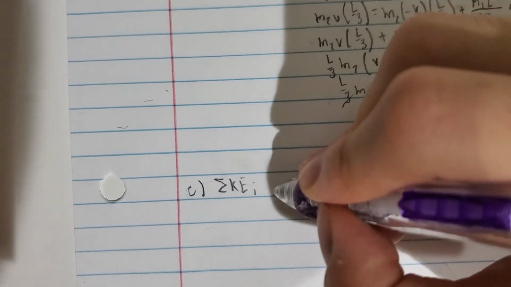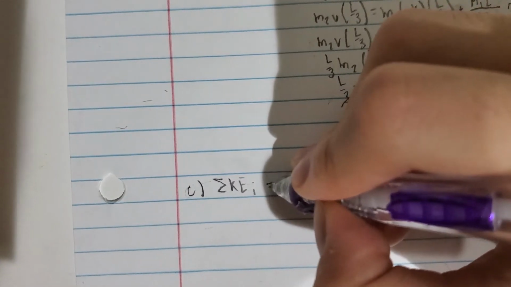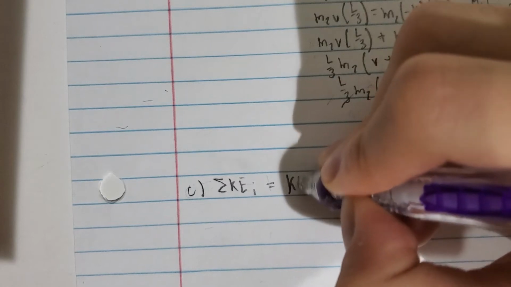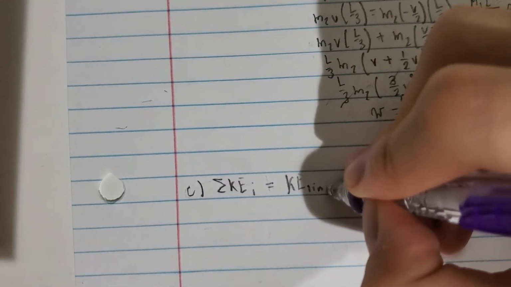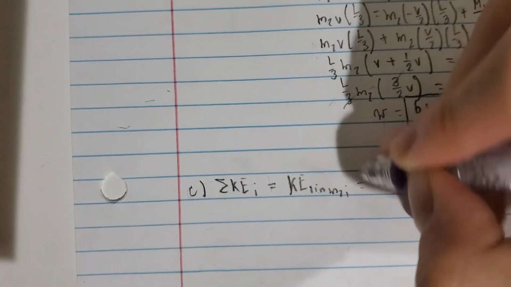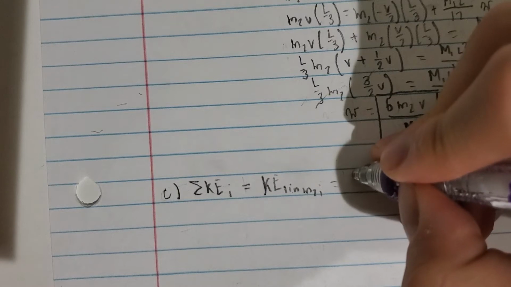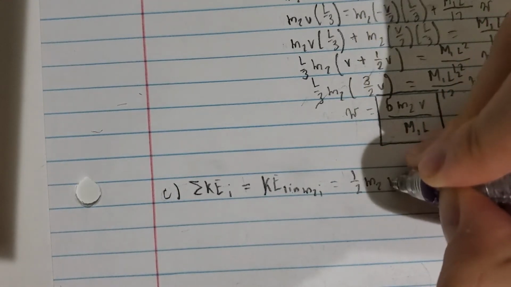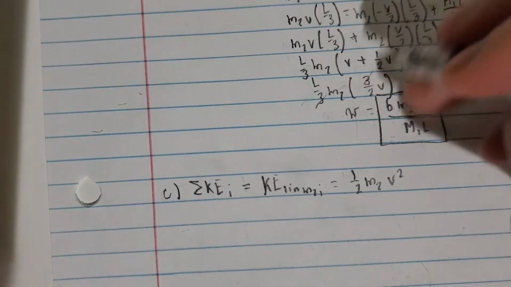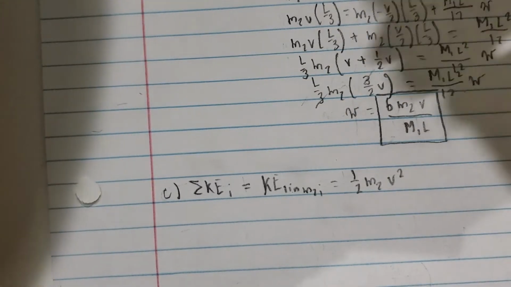KE initial total is equal to just the KE linear of M2 initial, because that's the only object moving at the time, and this is going to be equal to 1 half times M2 times V squared. So that is my KE initial total.